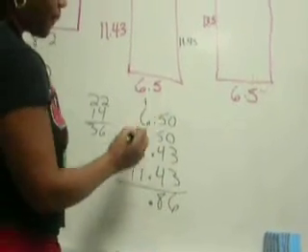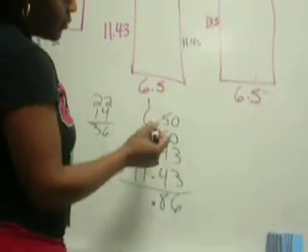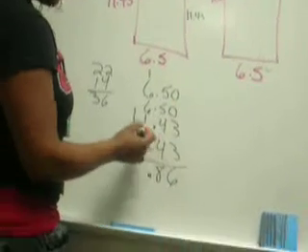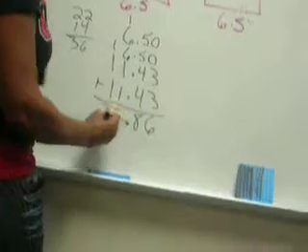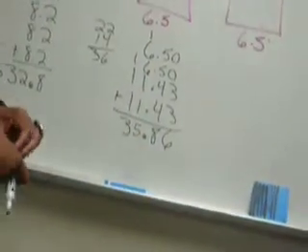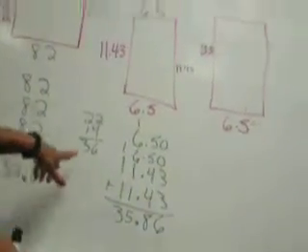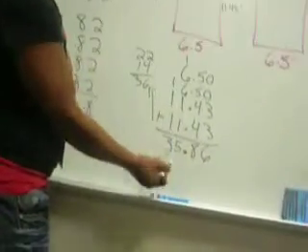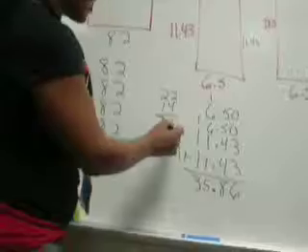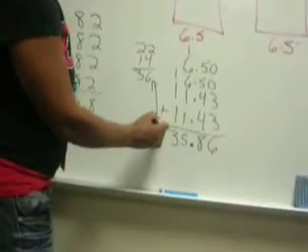I'm going to carry my 1. 1 and 6 is 7. Plus 6 is 13, 14, 15. 5, carry the 1. I have 35 and 86/100, which is still close to my estimate, because if we round this, it's going to round up to 36. Again, my answer is justified.